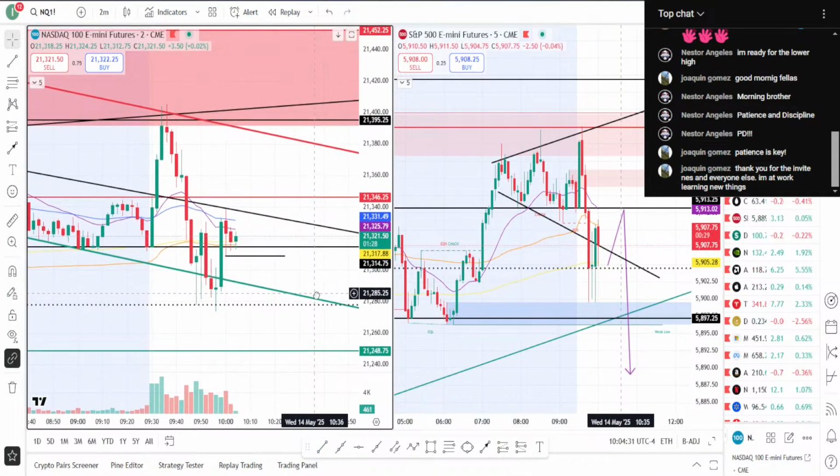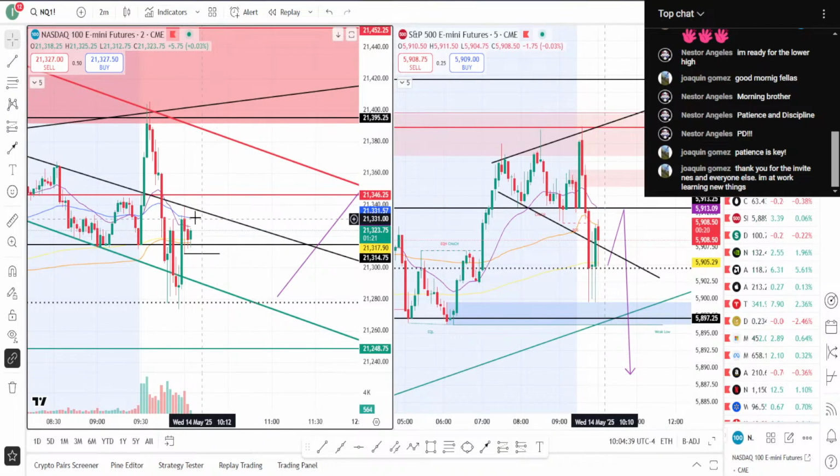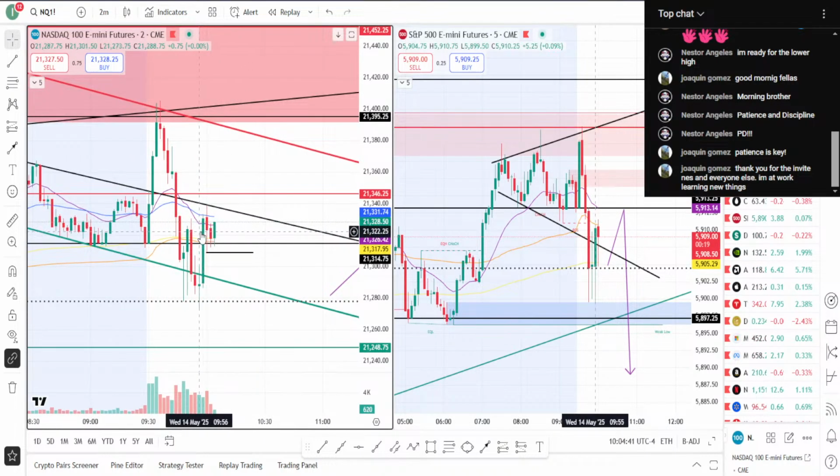That's a possibility. And that first red candle here is fine, but that second one is very weak.